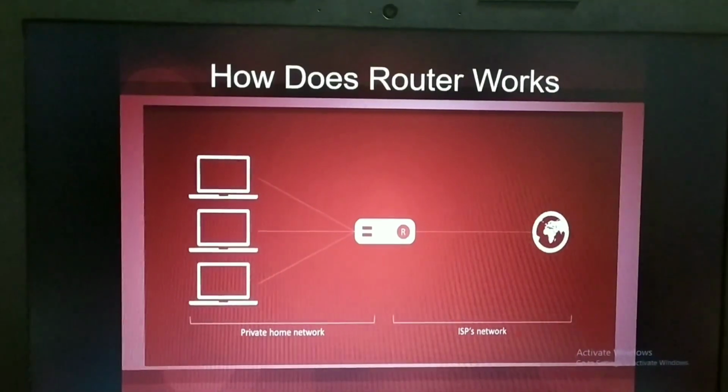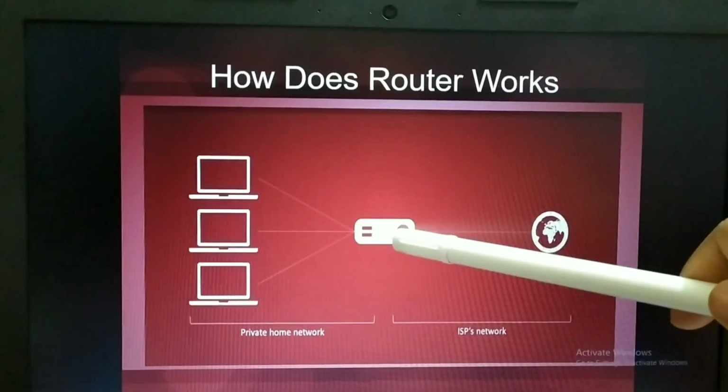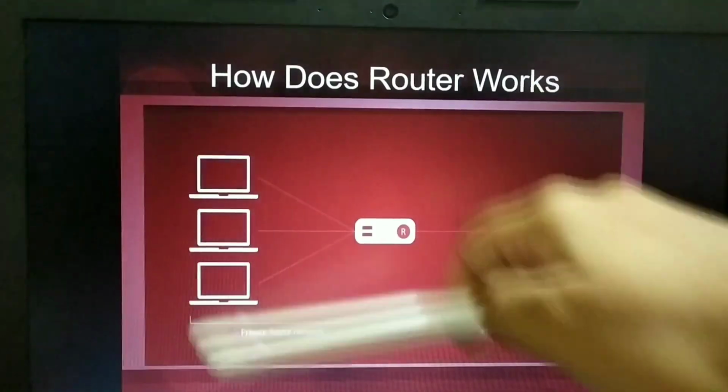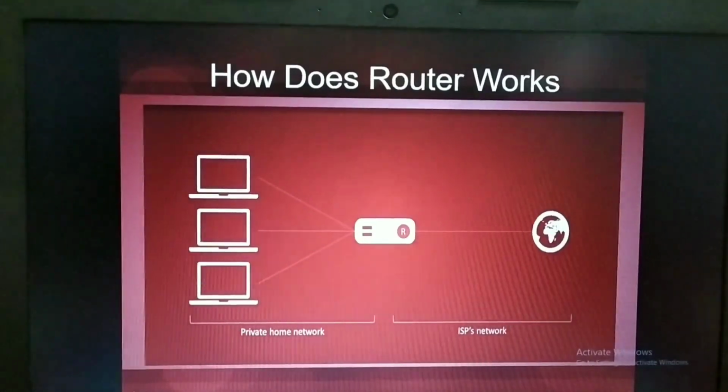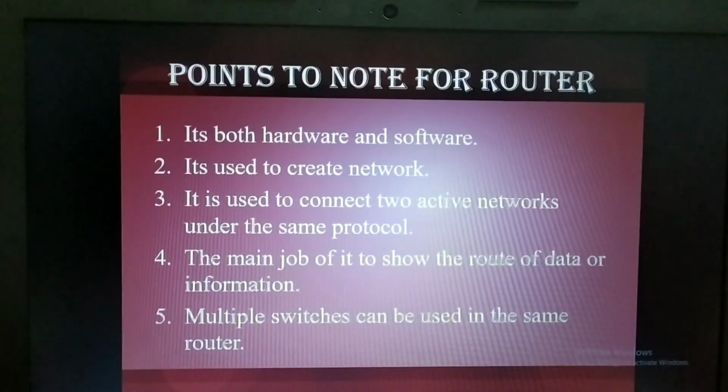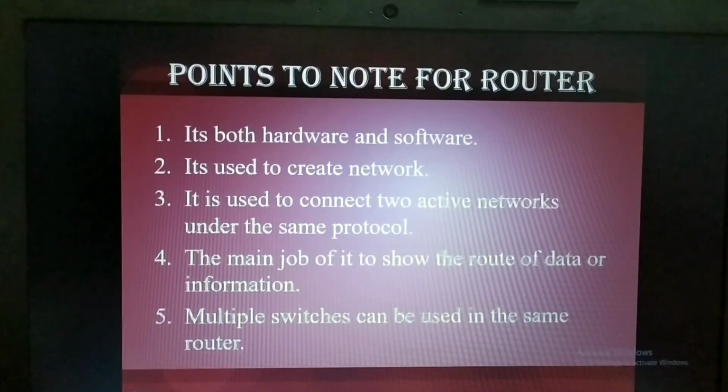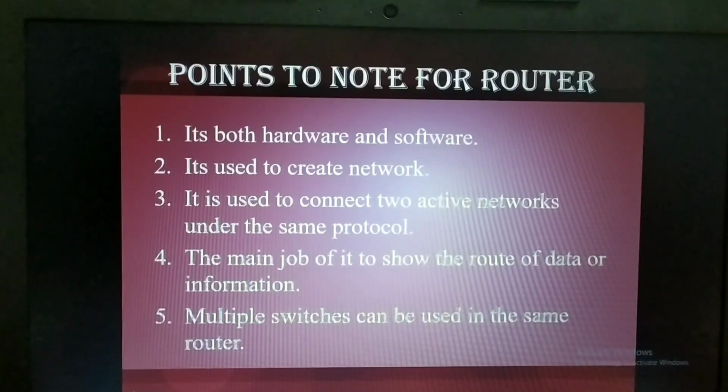Yes, this one. All your devices are connecting with the router. This is one network, this is one network. Both are active networks and they are connected with this router. Clear? Next one, the main job of it is to show the route of the data or information. Yes, as it derives from the word route, so it will show the path or route, where to, how to go.